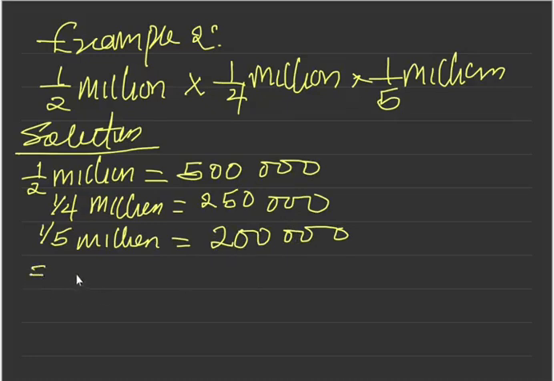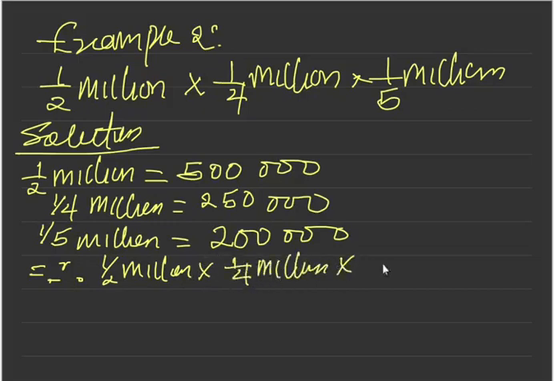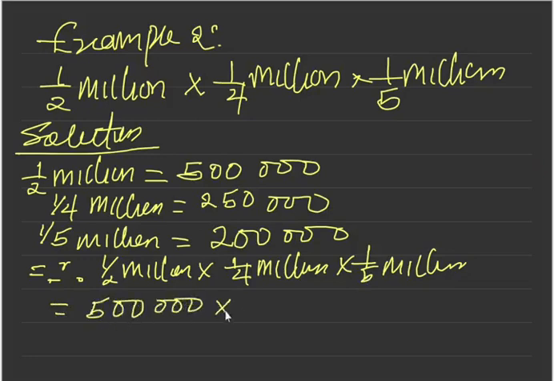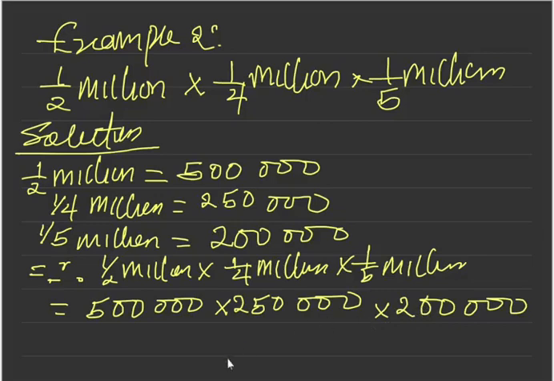So half of a million times 1/4 of a million times 1/5 of a million will now be equal to 500,000 times 250,000 times 200,000.